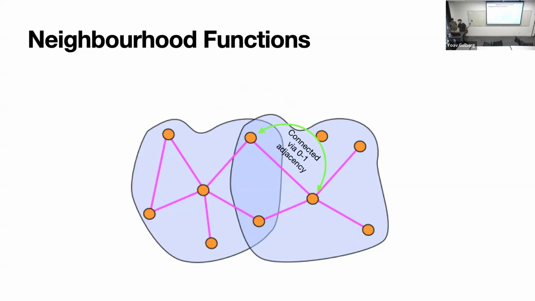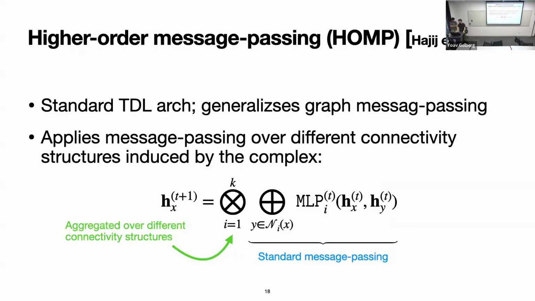So here the 2 nodes depicted are connected by an edge, so they're connected by the 0-1 adjacency. But these 2 nodes are not connected by an edge, so they're not connected by the 0-1 adjacency. However, they are connected by the 0-2 adjacency, since they both are contained in the big blue 2 cell that's depicted in the slide.